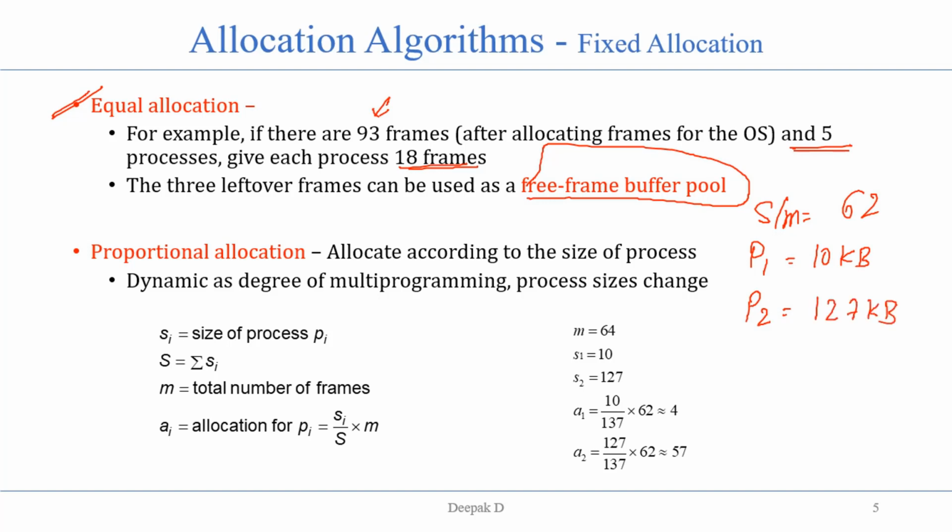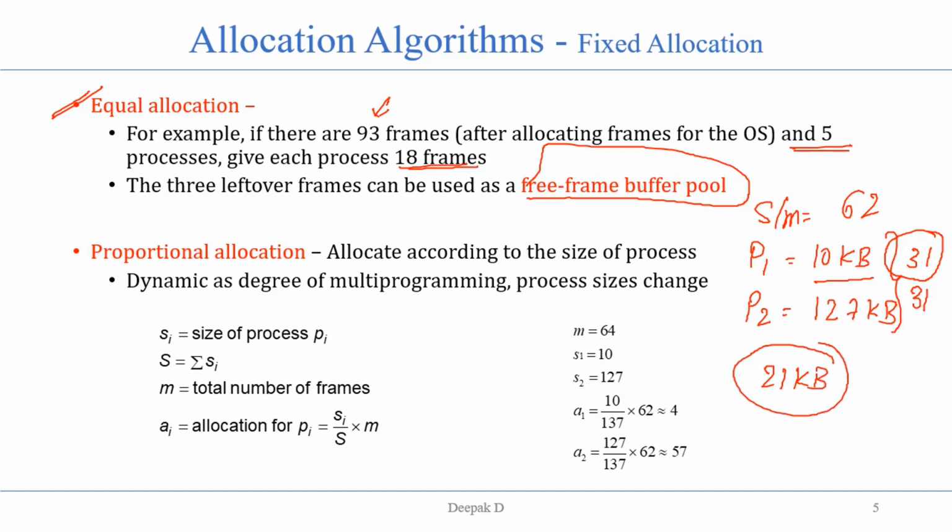If I go with an equal proportion, I would get 31 and 31 free frames, that is 31 for P1 and 32 for P2 for execution. You can see that process P1 needs only 10 KB, but I have allotted 31 KB. So here 21 KB of memory is wasted.